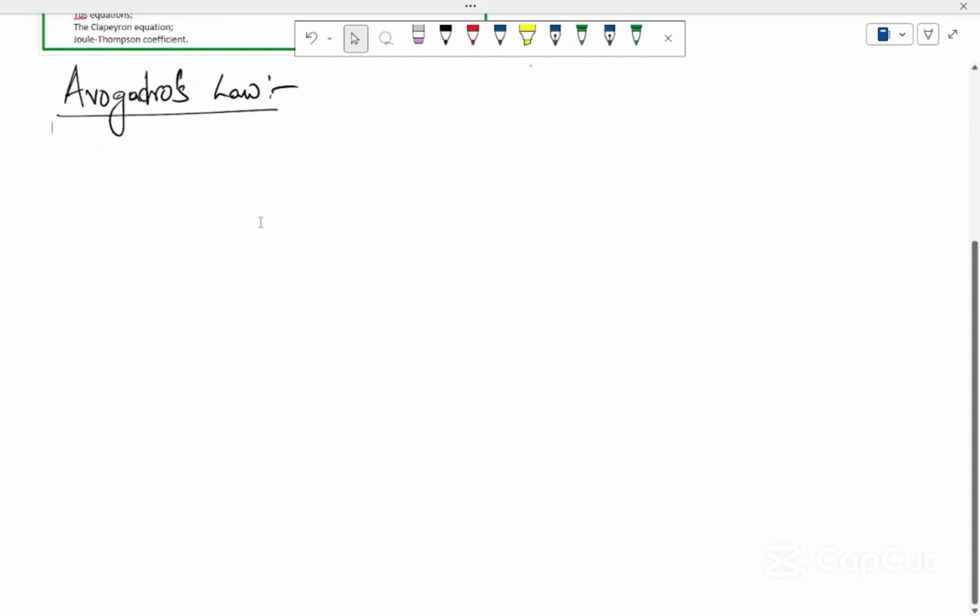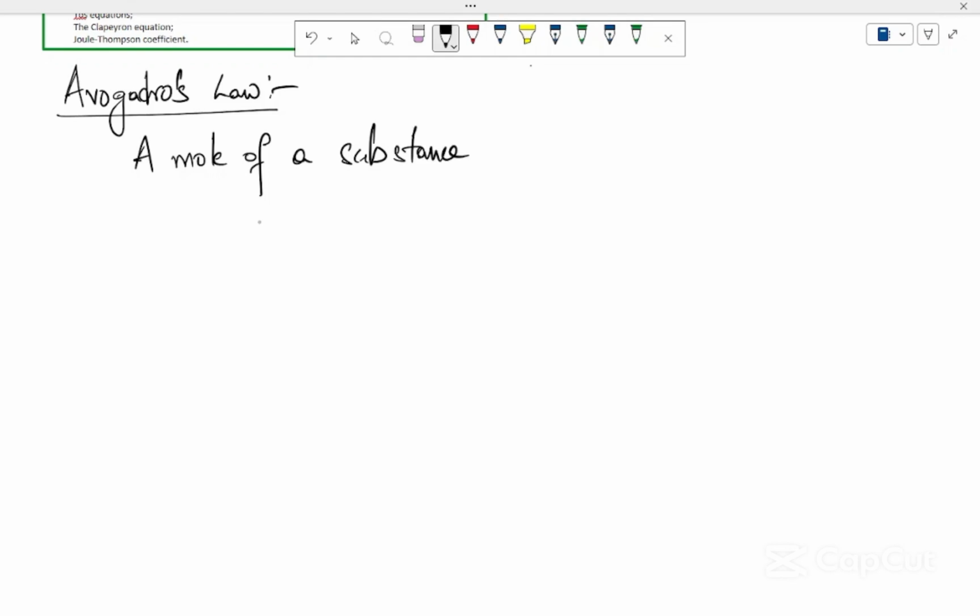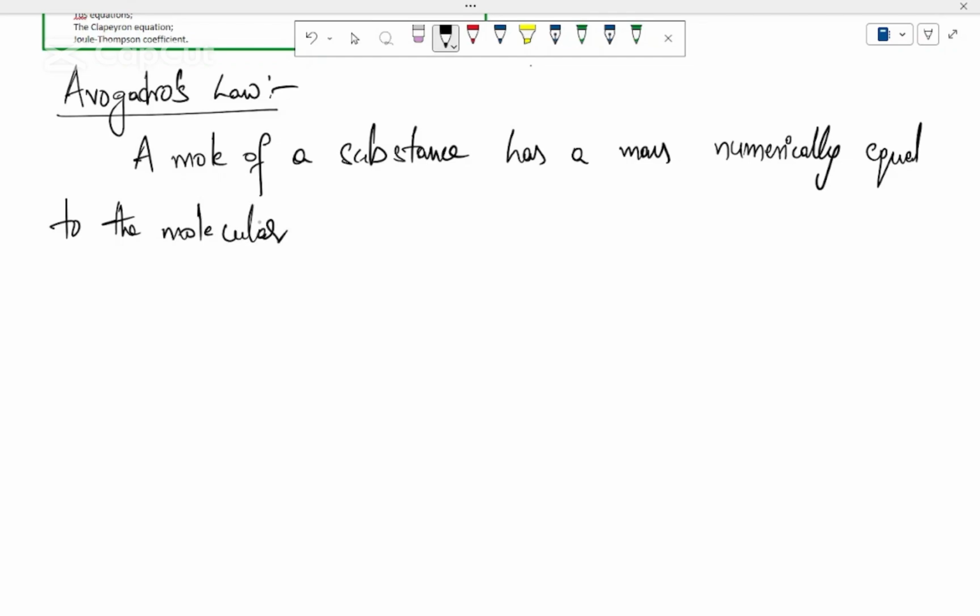This Avogadro law basically states that a mole of a substance has a mass numerically equal to the molecular weight of the substance.